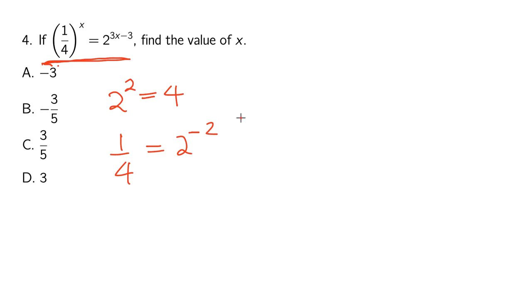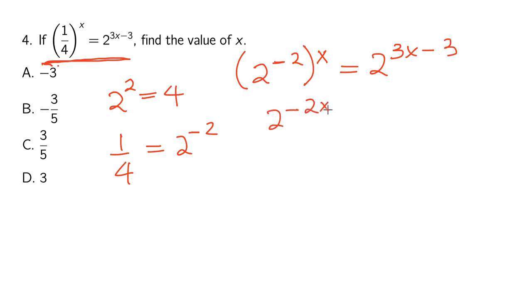So substituting 2 to the power minus 2 into the equation, we get 2 to the power minus 2 all to the power x is equal to 2 to the power 3x minus 3. Now this gives us 2 to the power minus 2x equals 2 to the power 3x minus 3.